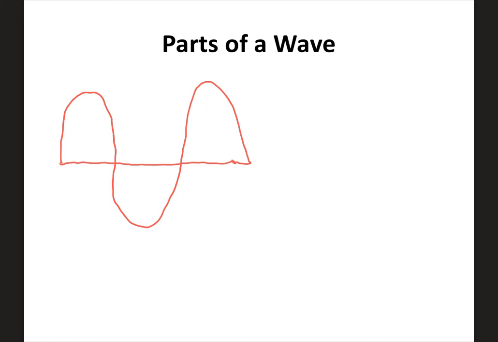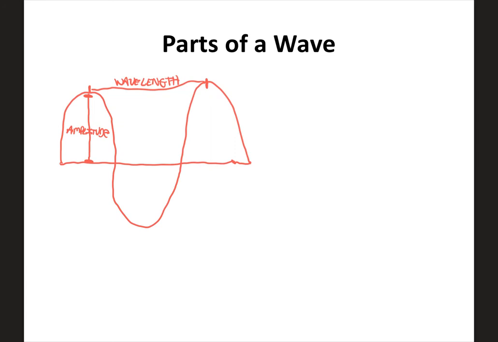The amplitude is the height of the wave, this distance from the baseline to the peak. The distance between the peaks, say from here to here, is your wavelength. Remember, that's going to be in meters.